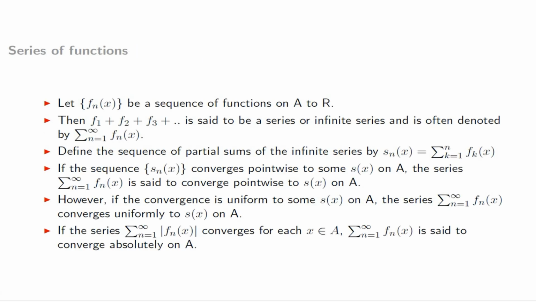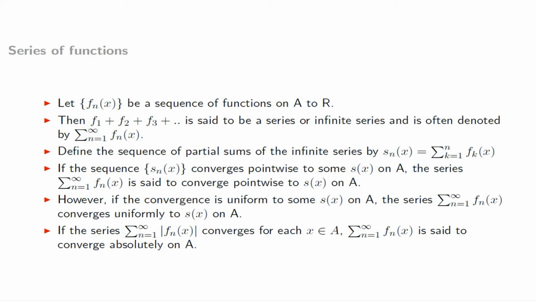Let f_n(x) be a sequence of functions from A to R. Then the sum f_1 plus f_2 plus f_3 up to infinity is known as a series or infinite series and is often denoted by the summation over n from 1 to infinity of f_n(x). Define the sequence of partial sums of the infinite series by s_n(x), which is defined as the summation over k from 1 to n of f_k(x).